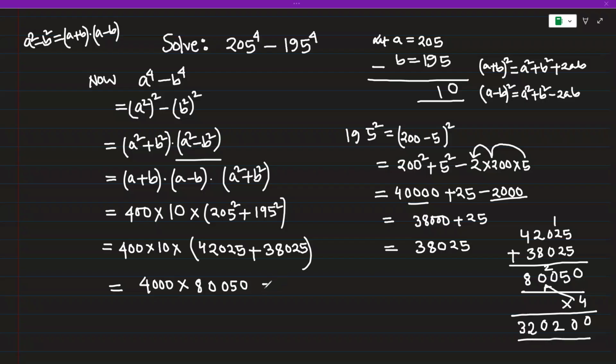So we can write that 32, 0, 2, 0, 0, and then last we add this 3, 0. So we got 320 million 200,000. That's our final answer.